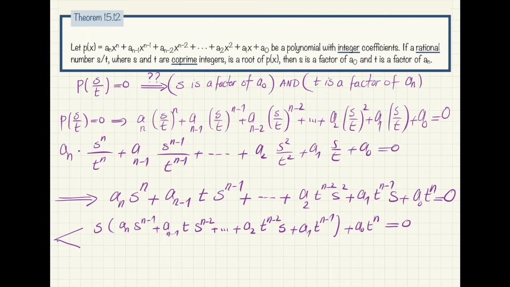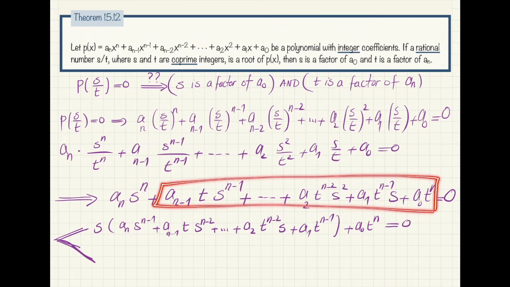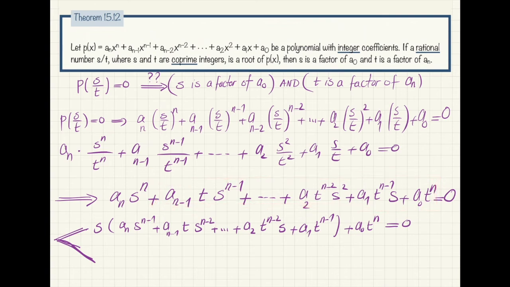Or we can conclude another thing. Instead of factoring s out, I will consider these terms, from here to here, and factor t out. So what happens? I would write this term as it is, so it is a_n s^n. But I factor a t out between all these terms. You see, all of them have a factor of at least one t.